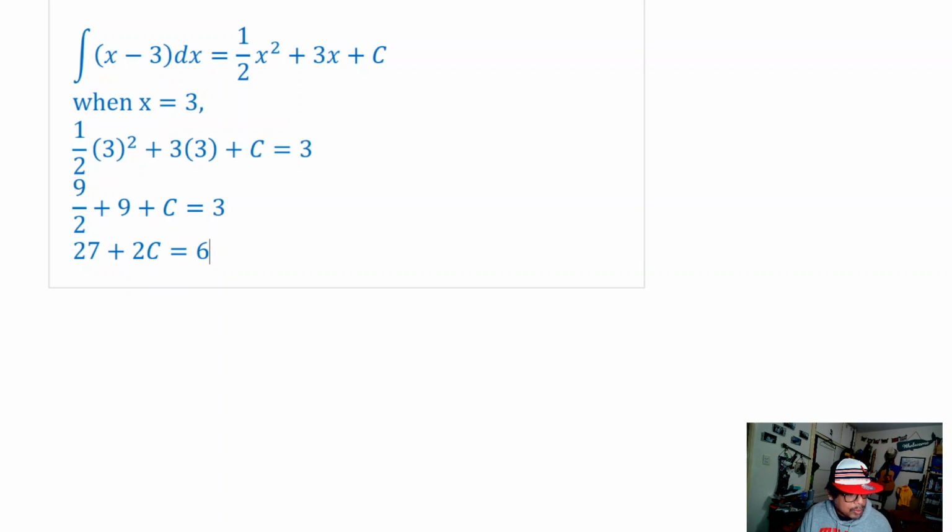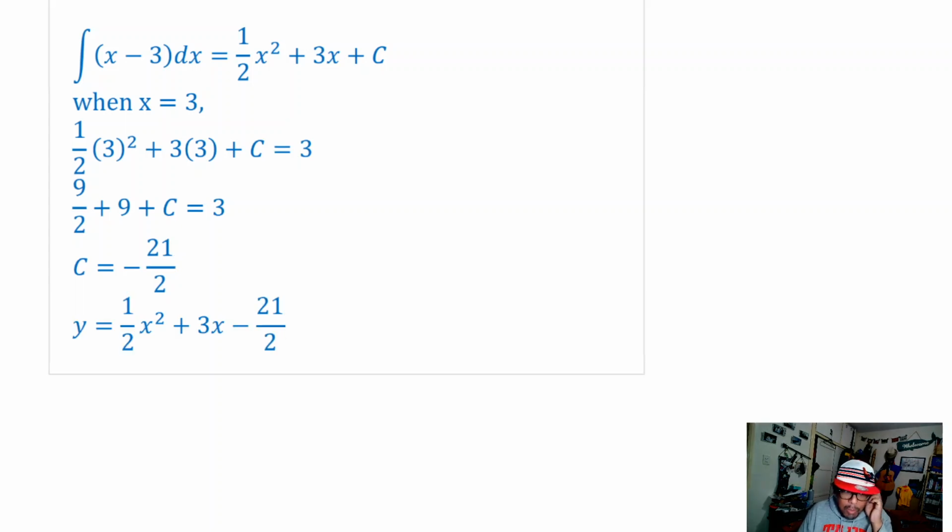Equating the numerators, we get that 27 plus 2c equals 6, which means 2c equals negative 21, and c is equal to negative 21 over 2. Ultimately, this means that y is equal to 1/2 x squared plus 3x minus 21 over 2.